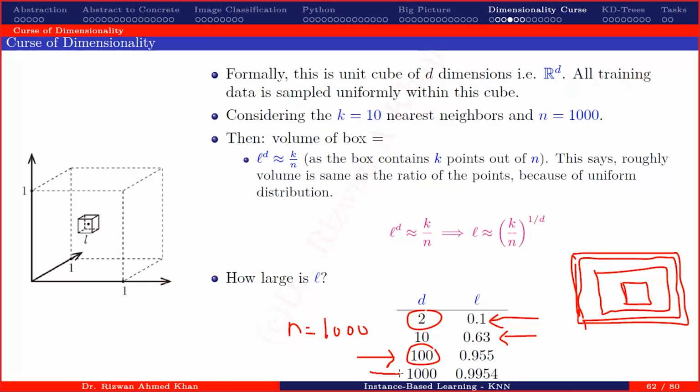And if we have a 1000 dimension feature vector, the whole of this cube is actually filled. So it's 0.9954, right? So the rest of the 990 points are squeezed between the boundaries. So there is no notion of nearness left. Everything is at the border, everything is at the edges, right?